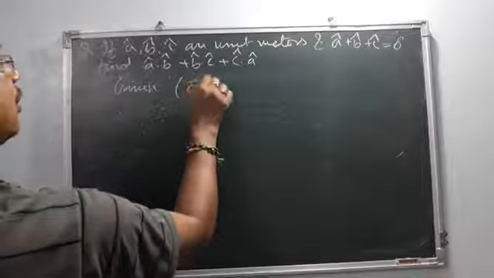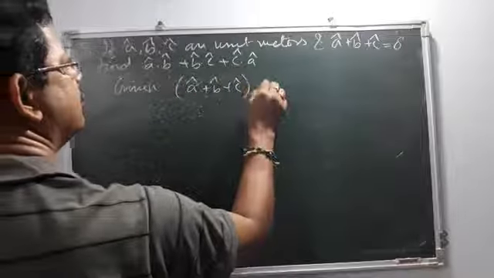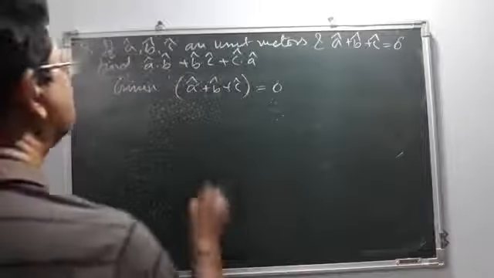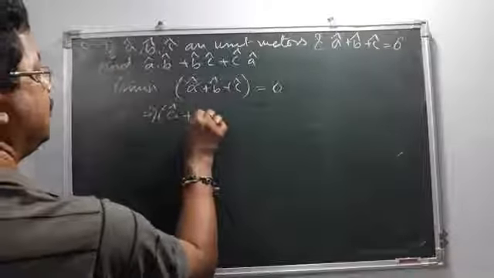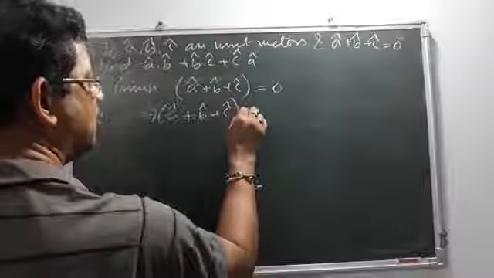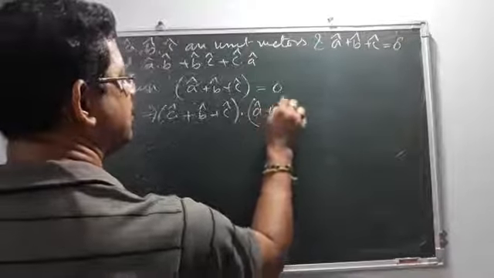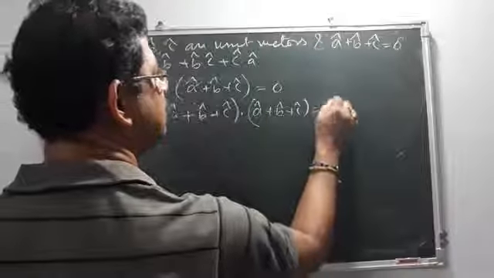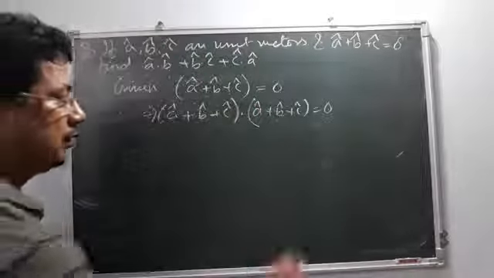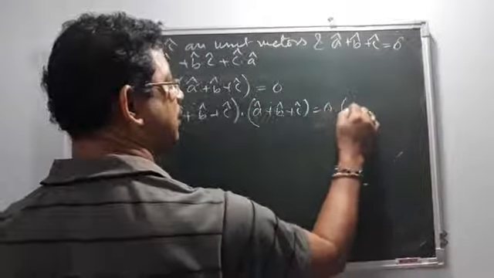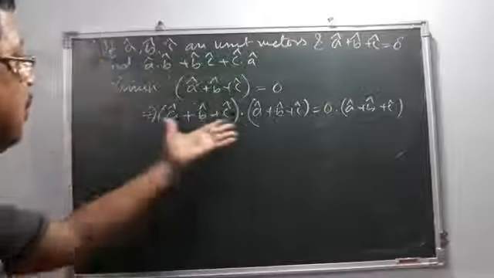A vector plus B vector plus C vector is equal to 0. This implies (A plus B plus C) dot, the same thing we will multiply, (A plus B plus C), is equal to zero vector dot zero vector. If we multiply these in both sides, now this will give what?